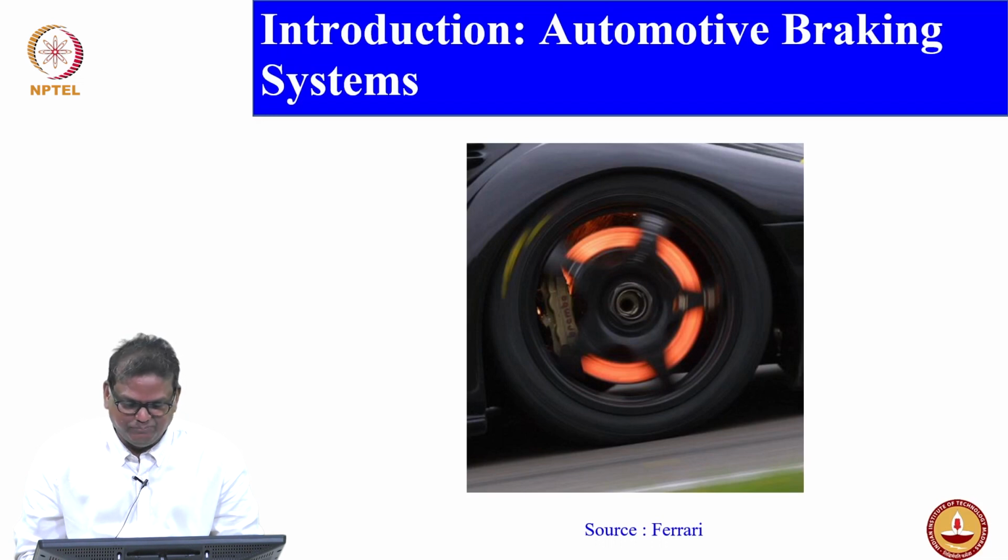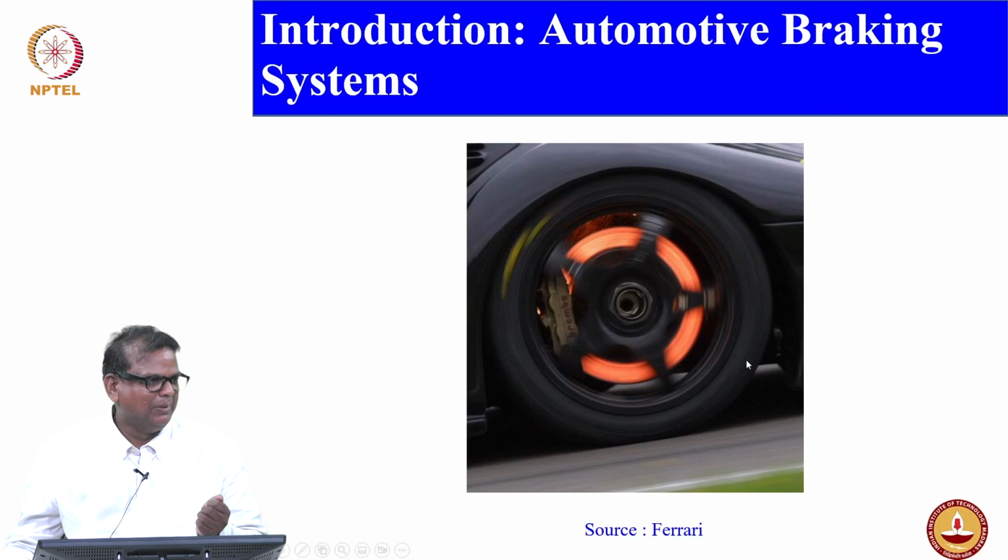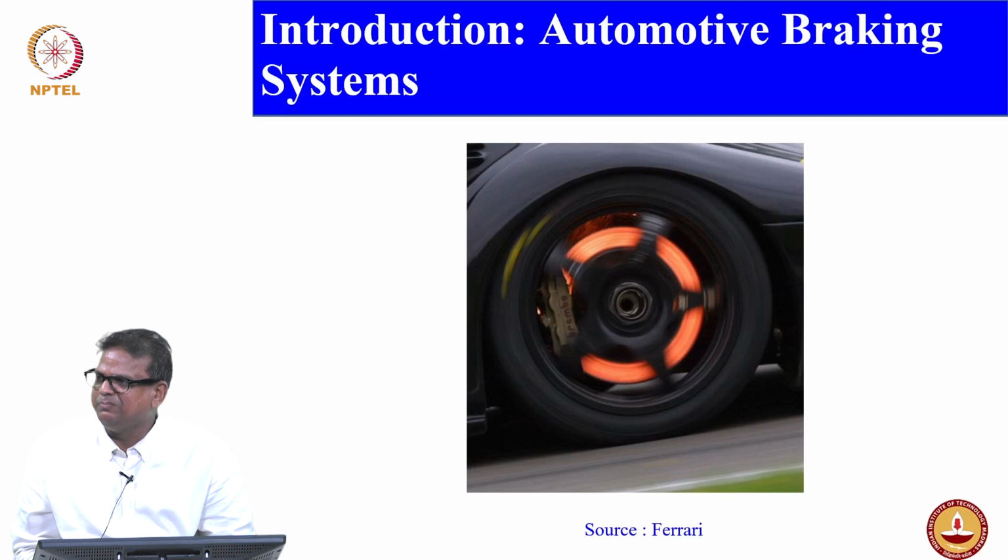Such very high precision, and you can see this nice glowing. This glowing happens when you press the brake. In fact, this is a disc brake system, and you can see the caliper also. When you apply it, so much heat energy is dissipated through friction. That's what you could see here.